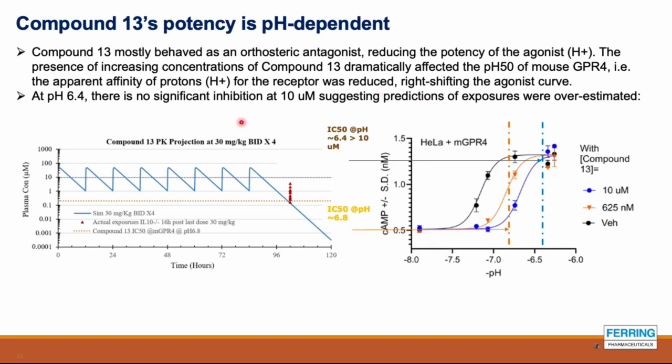So that has a major implication on our exposure prediction. For instance, we assumed the relevant potency of compound 13 was around 200 nanomolar in mice. But now if we take into consideration its pH dependence, not really knowing, and we'll get back to that at the end of this presentation, what is the relevant pH, that could potentially explain the lack of target engagement that we observed.